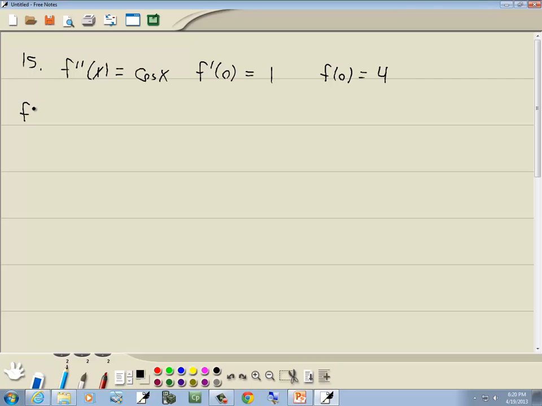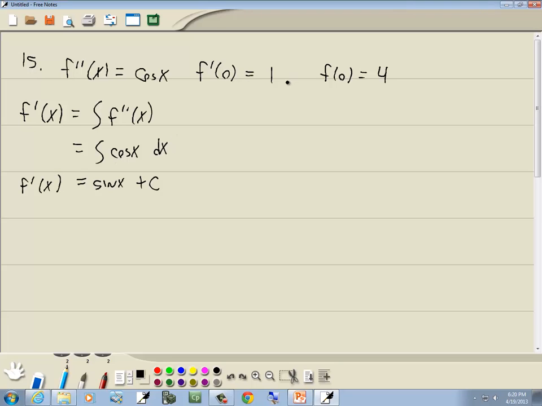To go back 1, to go to our first derivative, we're going to have to take the integral of our second derivative, which will be the integral of cosine x dx. Well, I don't have my sheet up anymore, but the integral of cosine is sine. And then we put our plus c. So this is f prime.